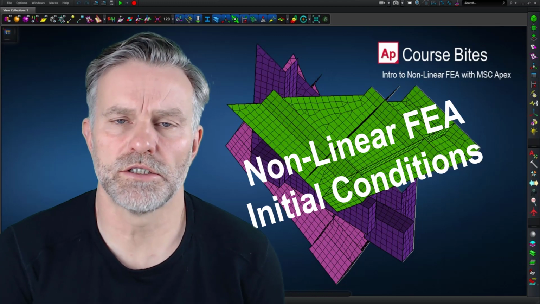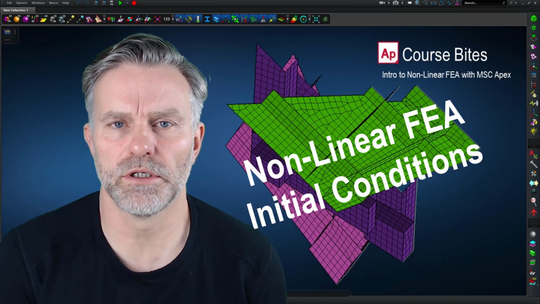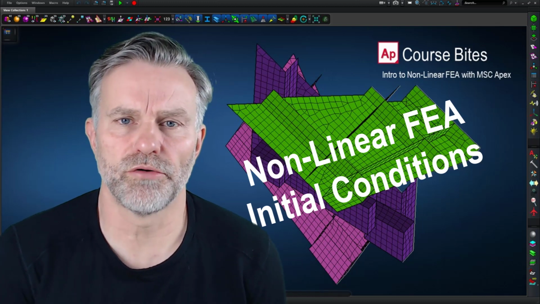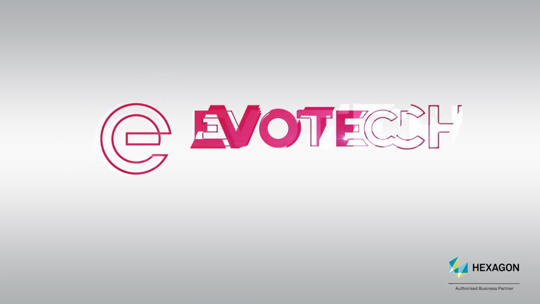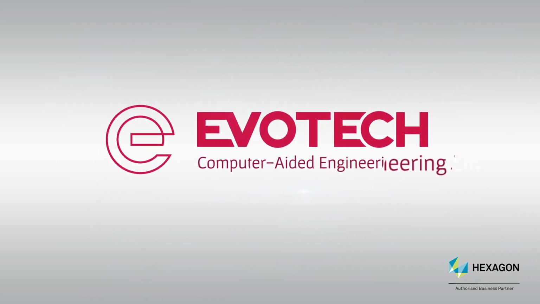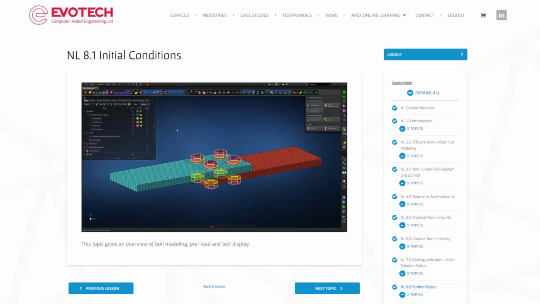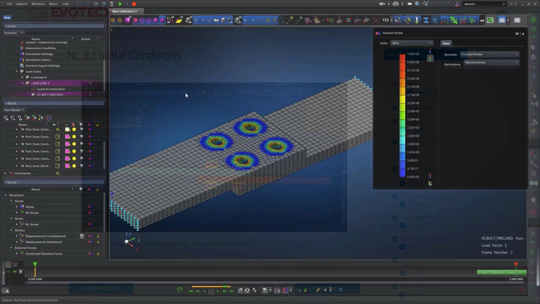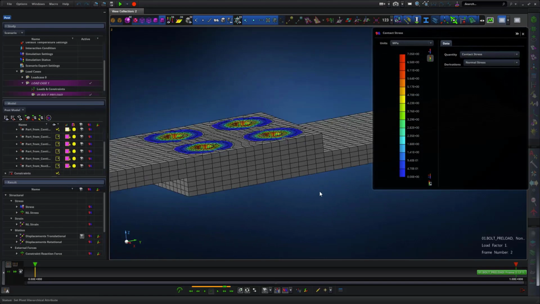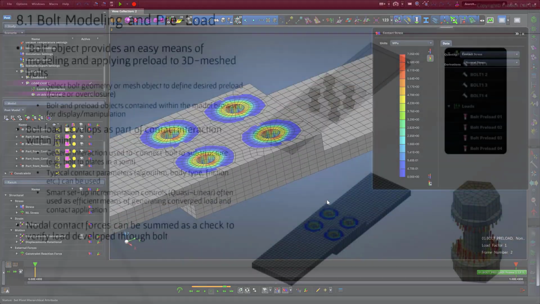Initial conditions such as bolt modelling and preload are often vital in ensuring appropriate non-linear solution response. Many non-linear analyses are based around structures with bolted joints, fastener preload and interference fits.